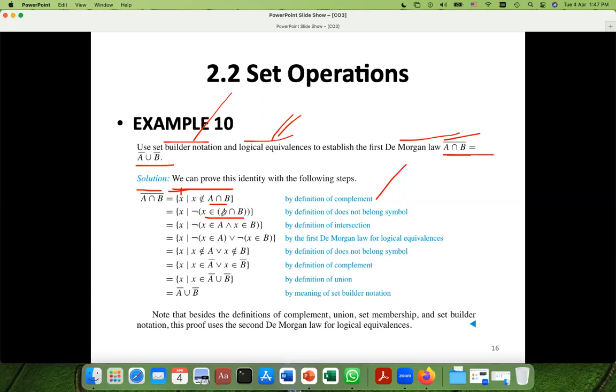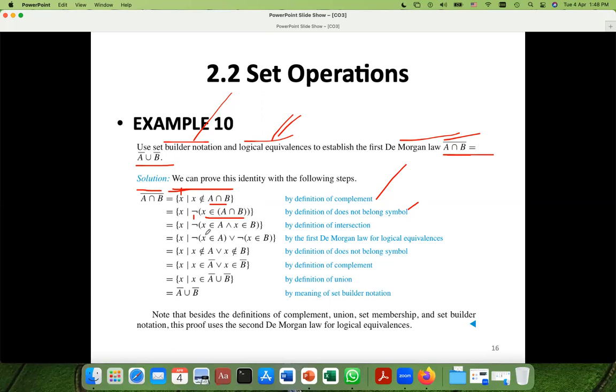But if you put a negation outside, now this statement is equal to this one. Is that correct? Because it is does not belong, now belong and then negation will be the opposite. So now this is equal to this one, by definition of the does not belong symbol. We have changed the does not belong symbol into the form of a negation, nothing else.